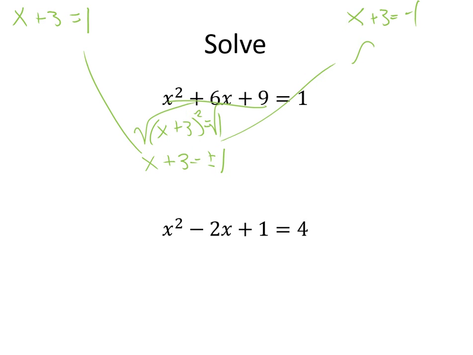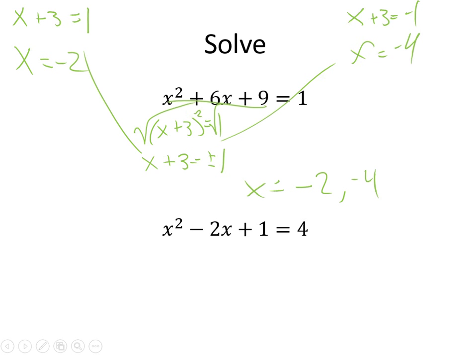Now when we solve, we get x equals negative 4 and x equals negative 2. So our answers would be negative 2 and negative 4. You'll be able to plug in for x and you get 1.